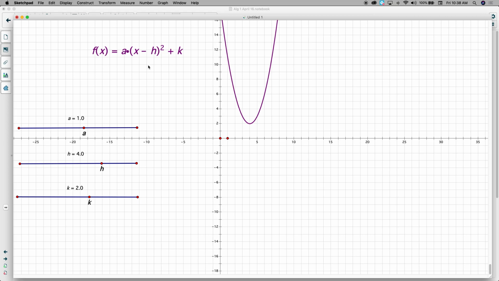When you subtract a number from x, then in order for this structure to equal a particular height, you need to put in more x's than you used to, because you're subtracting from it. So right now we're subtracting 4 from it.